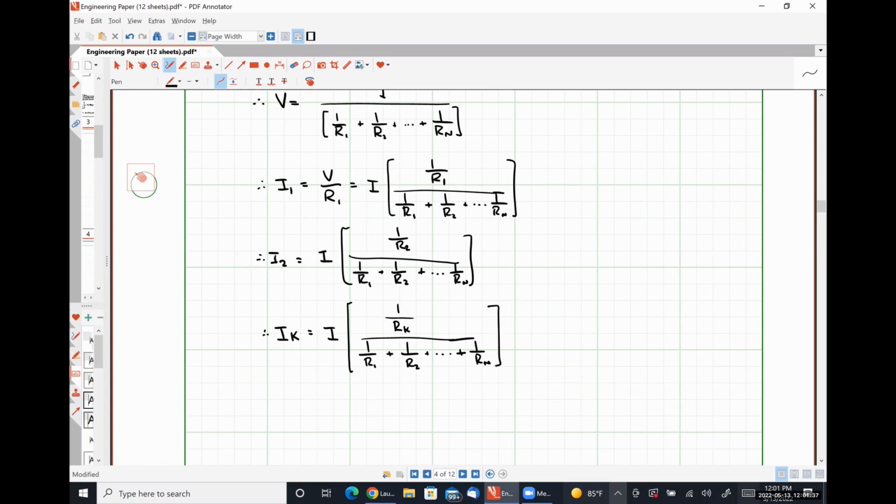So effectively what we have here is the total current multiplied by the reciprocal of the impedance we want over the sum of the reciprocals of all of the impedances in parallel.